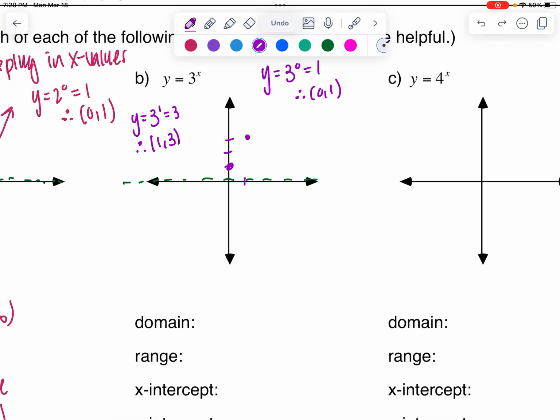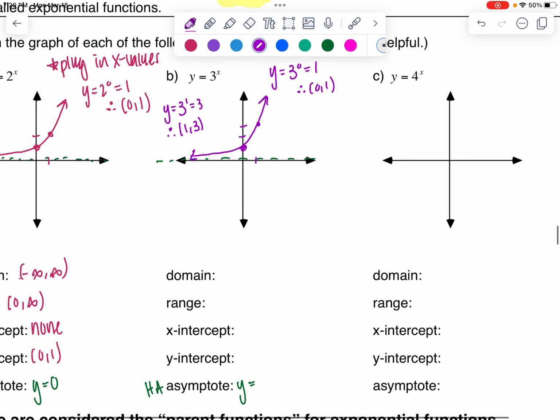And this is what your graph will look like. So same thing: domain negative infinity to infinity. Range is still 0 to infinity. There are no x-intercepts in this parent function. And our y-intercept is, again, 0, 1.